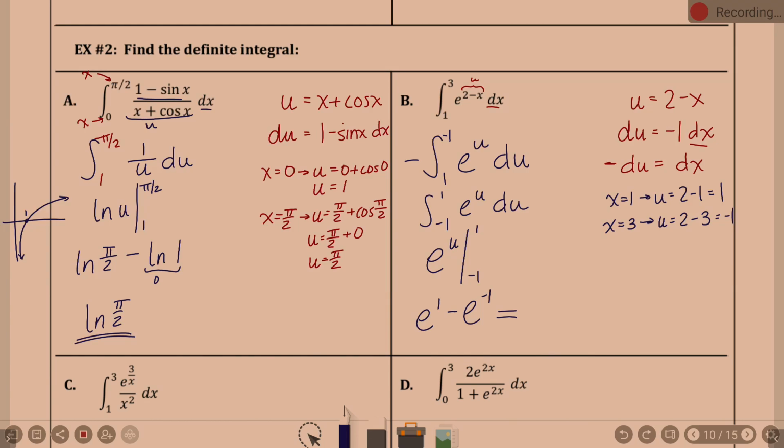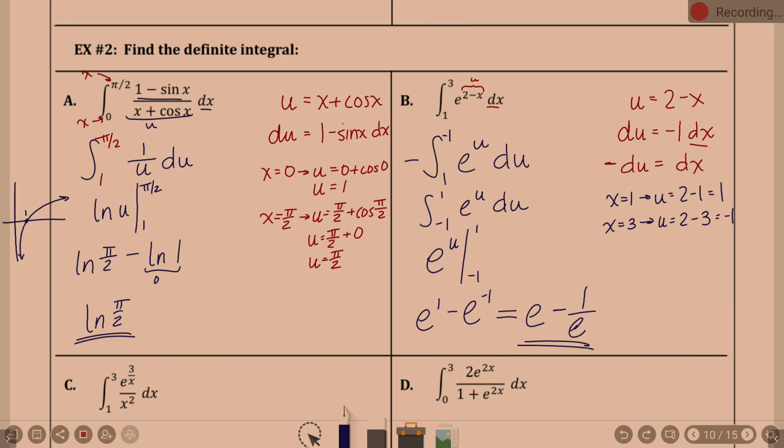What do we know about e to the negative first? 1 over e. I would expect, and I can't guarantee it, that you'd see an answer like that. A negative exponent moves it to the denominator.